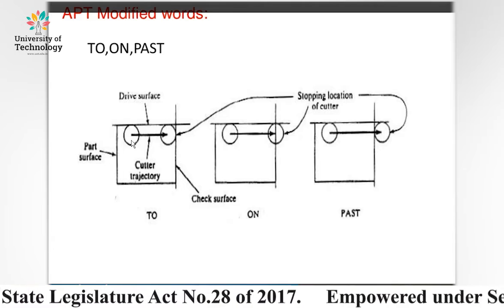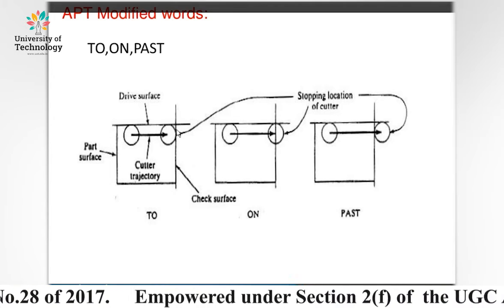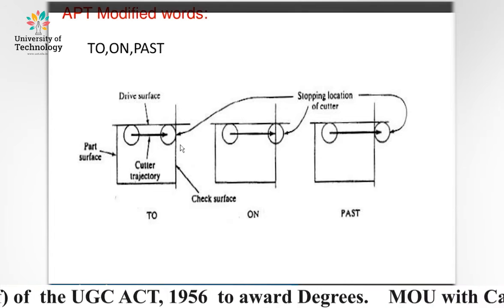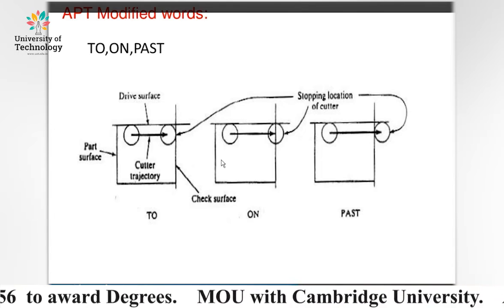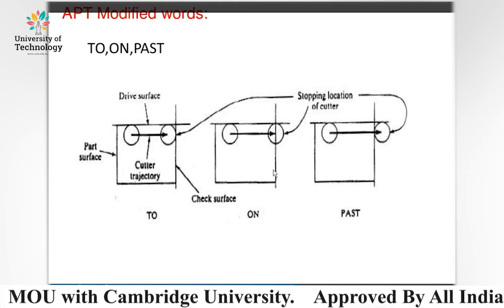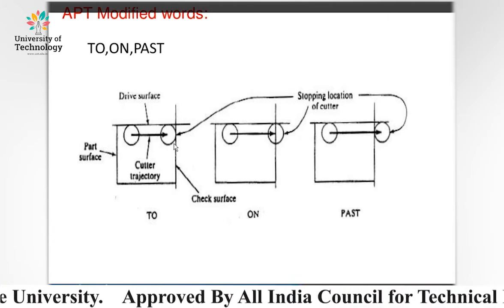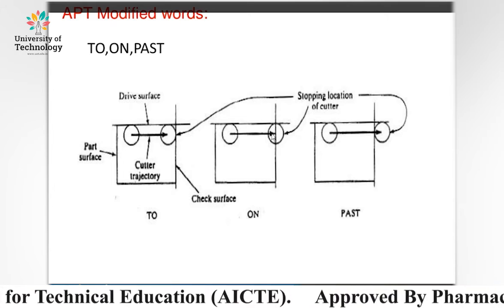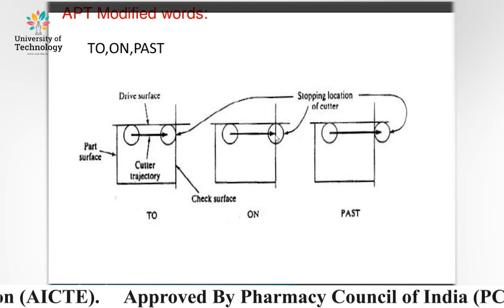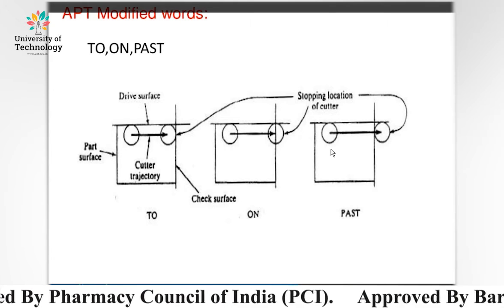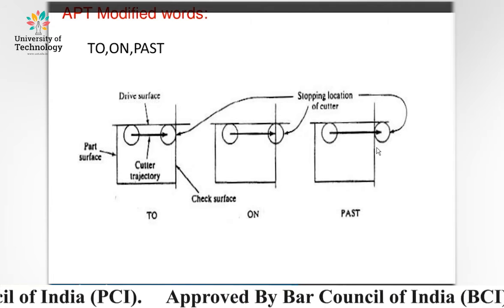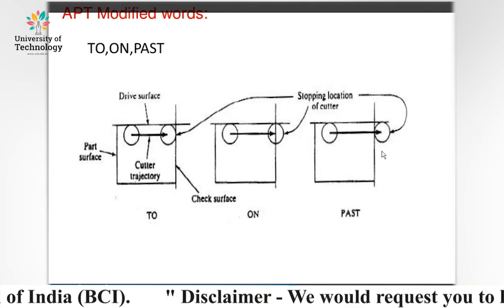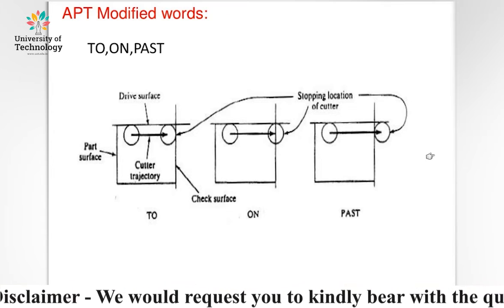The cutter moves from here to here and touches that vertical line or check surface; that is to. And on means the cutter crosses by half, equal to the radius; that is on. And totally crossing the particular check surface is called past in APT language.